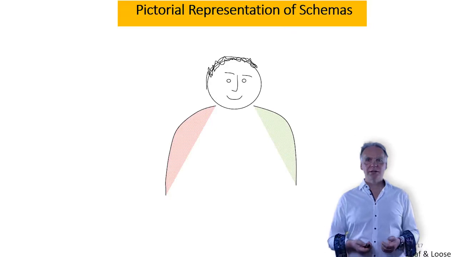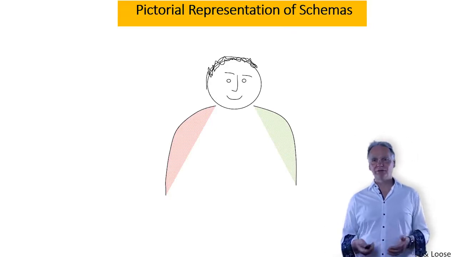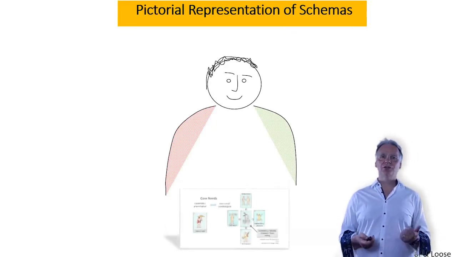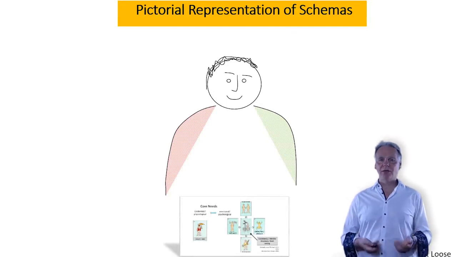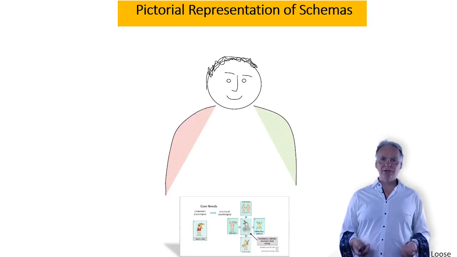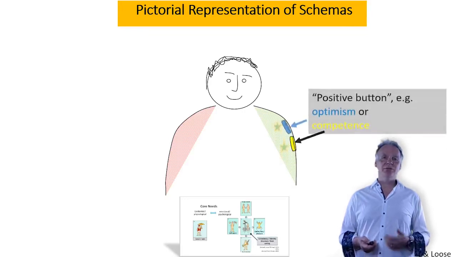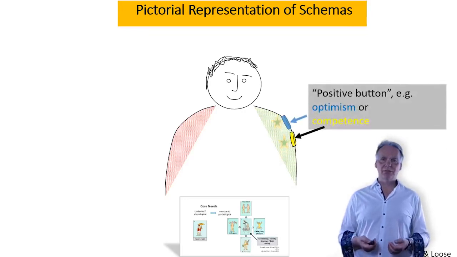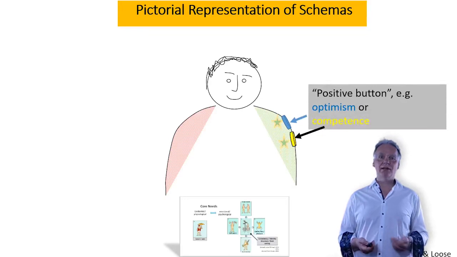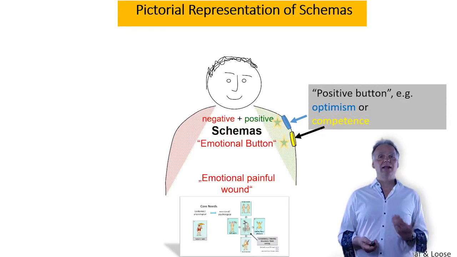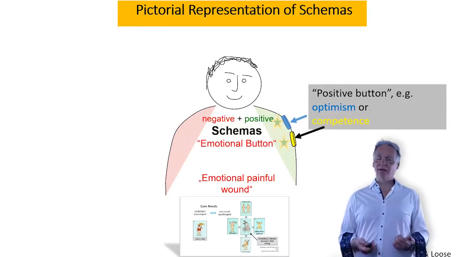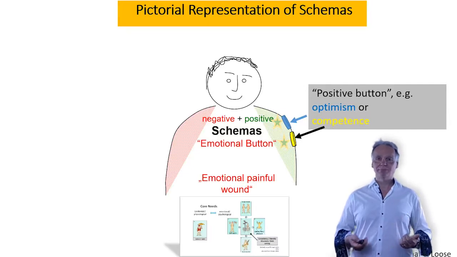Now let's try to get an image by sketching a figure which might indicate how our thinking is. So we all have certain needs, and when the needs are met, more or less balanced in our childhood, then we have good chances to build up positive schemas. We will talk about that later. But life is sometimes not fair, and sometimes people are missing really important issues.